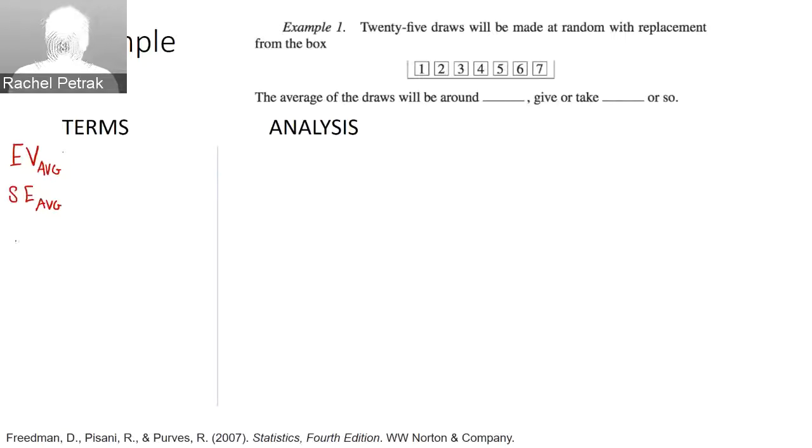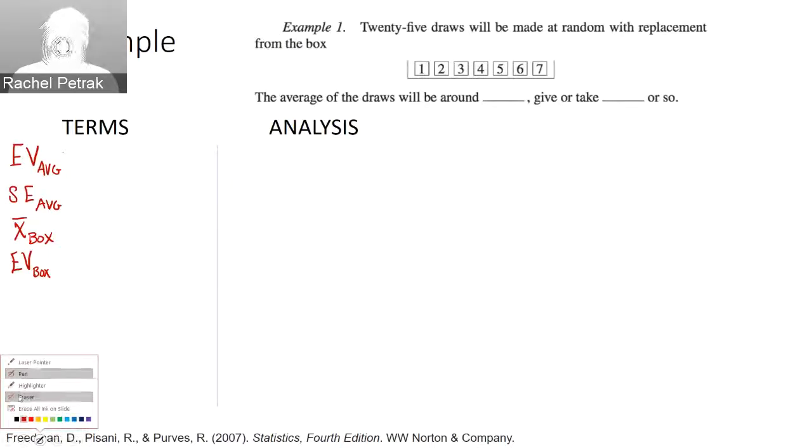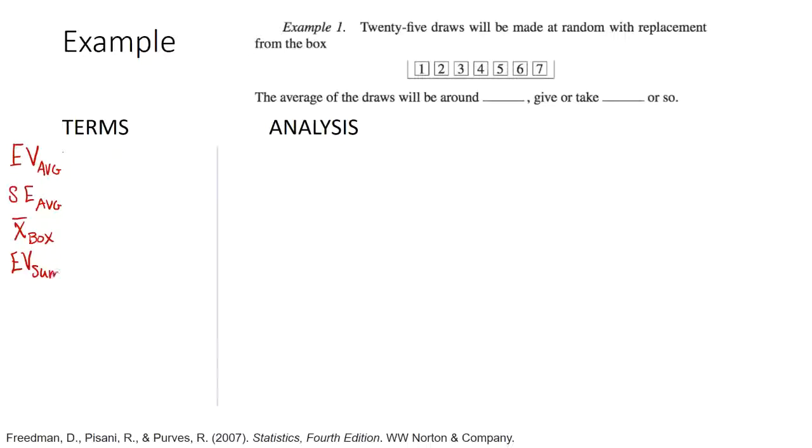We'll get there via a pathway through the mean of the box, the expected value of the sum, and the standard error of the sum. Note that most of these terms are familiar to us. Our two target terms are new, but we're just going down a familiar path.